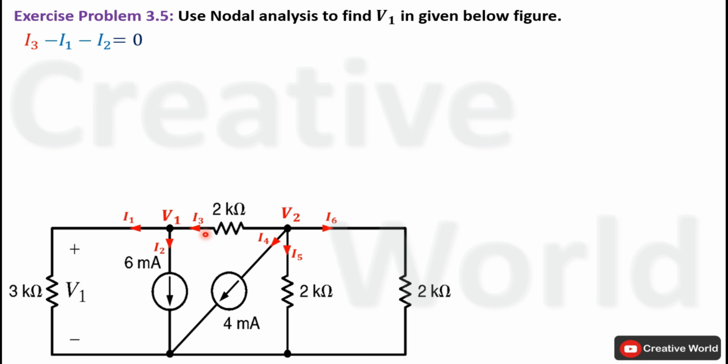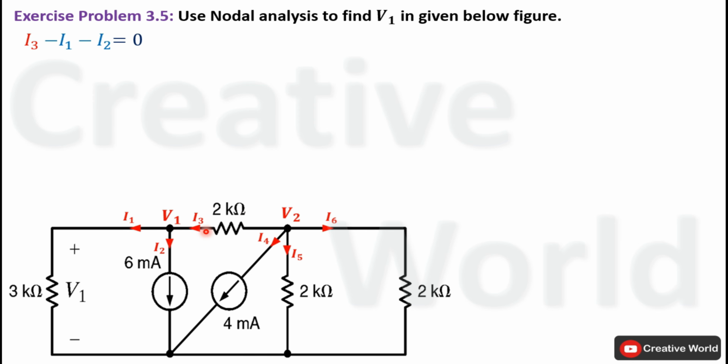Current I3 is flowing between these two nodes and the direction of this current is from right to left. In order to find the equation of I3, we should have the value of voltage across this resistance. That voltage divided by the value of resistance will be equal to I3. In this case, this resistance exists between two non-reference nodes. So voltage across this resistance will be equal to the difference of these two node voltages.